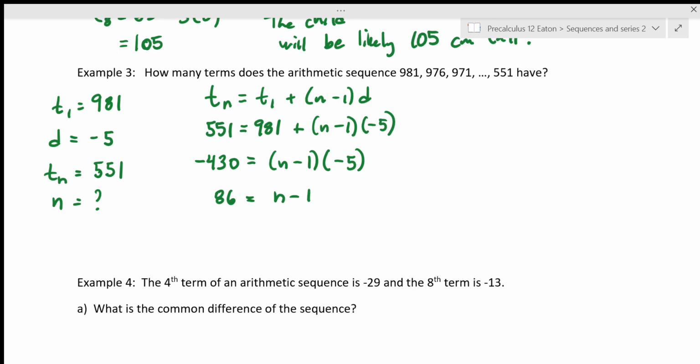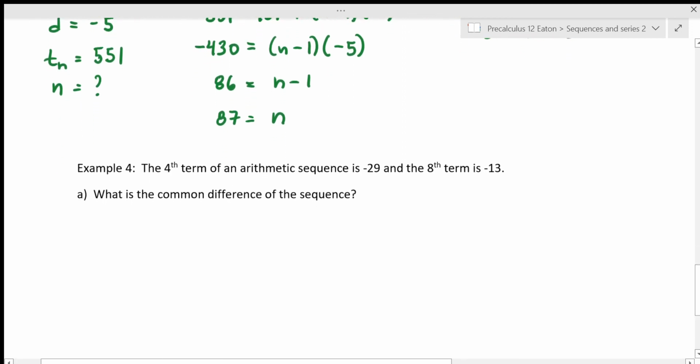Then adding 1 to both sides, I get that 87 is n. So the sequence, let's interpret that, has 87 terms. So we would have had to write out 87 numbers if we had tried to do it by hand. That would have taken some time.